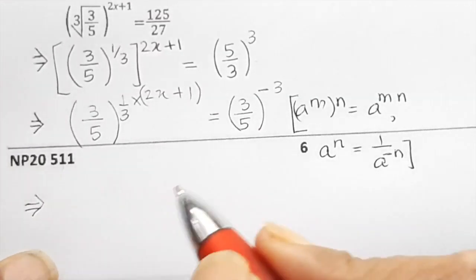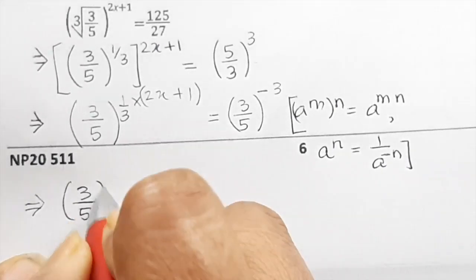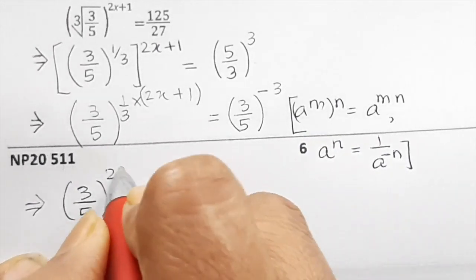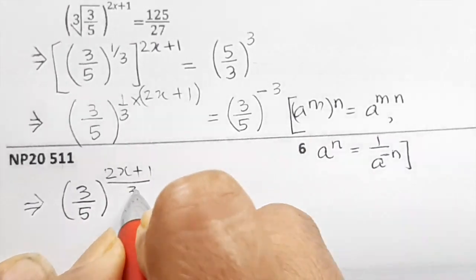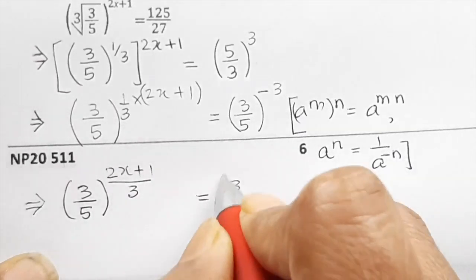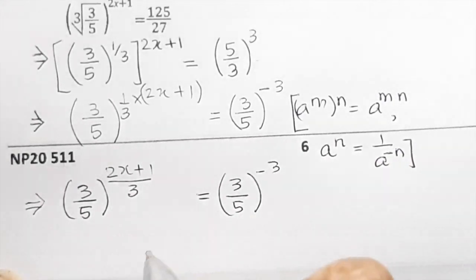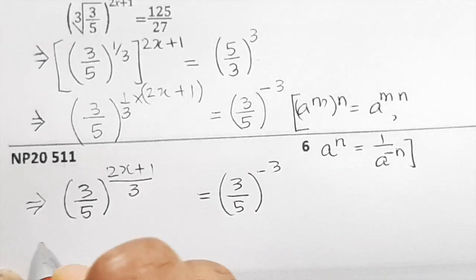So our next step will be (3 upon 5) to the power (2x plus 1) upon 3, and that is equal to (3 upon 5) to the power minus 3. Now we will equate the exponents because the bases are the same.